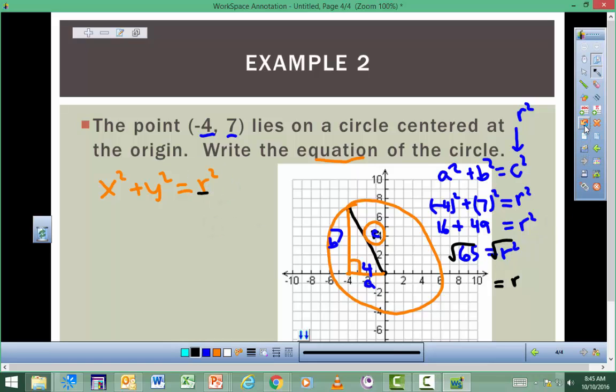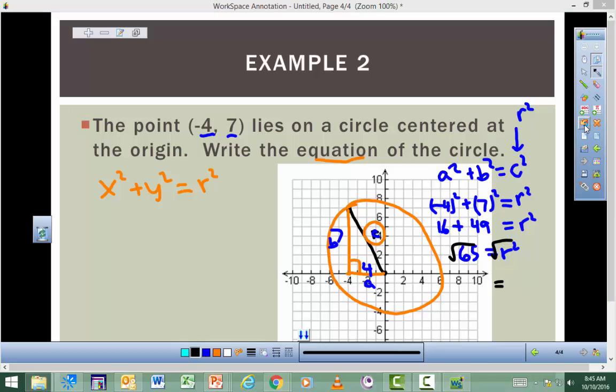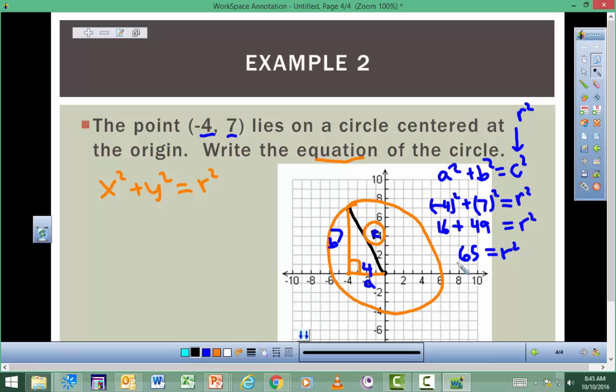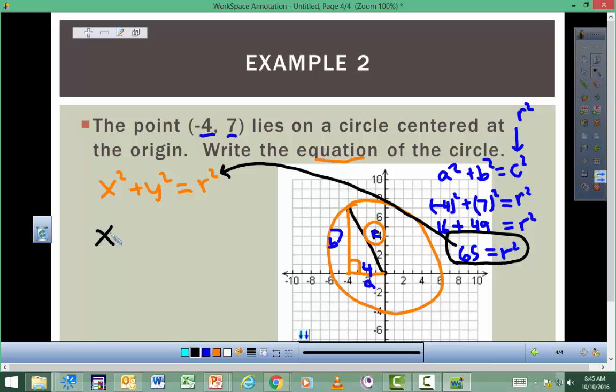So let's just back up a second and go back up a little bit more. There's r squared is equal to 65. So now what you do is you take this number and you put it in right there. You see? And so then you have x squared plus y squared is equal to 65.